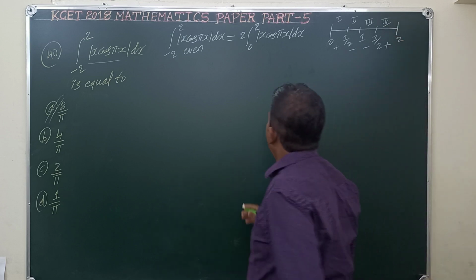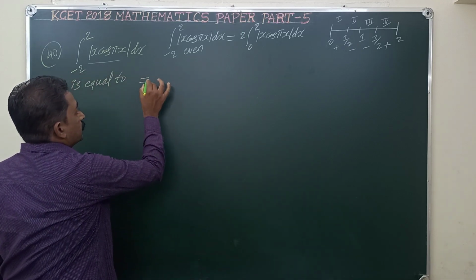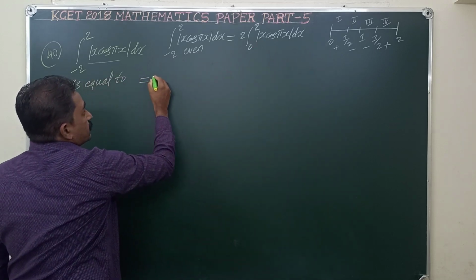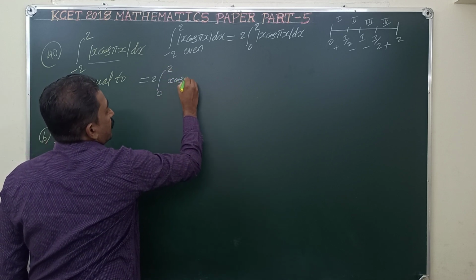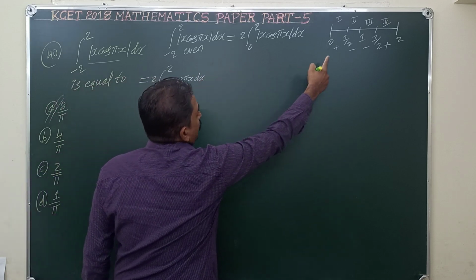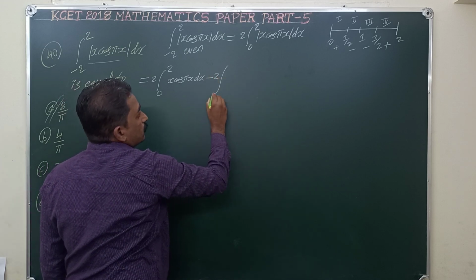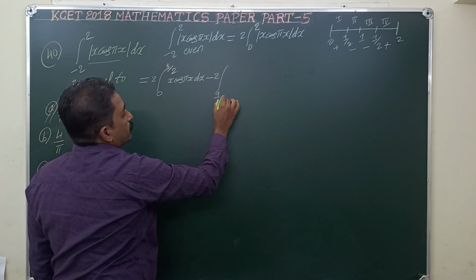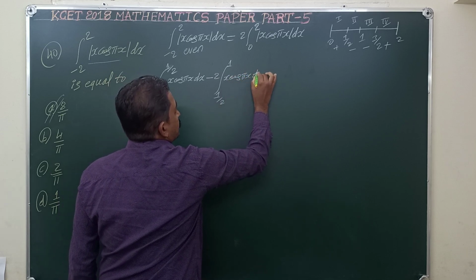Now split the interval at the points 1 by 2, 1 and 3 by 2. Here, modulus is there. In the first interval, the first quadrant, it is positive, so we take 2 into the integral from 0 to 1 by 2 of x cos pi x with respect to x. Next, from 1 by 2 to 1, negative, because it is in the second quadrant: minus 2 into the integral from 1 by 2 to 1 of x cos pi x with respect to x.